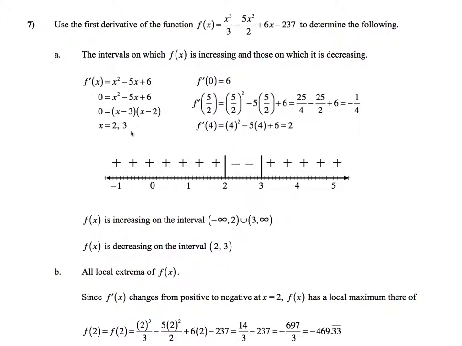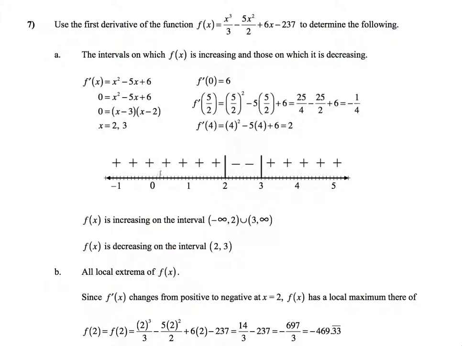And then on a number line, we mark those here, 2 and 3, here's negative 1, 0, 1. So we mark 2 and 3 on the number line. Then we evaluate the derivative, not the function, the derivative, at some point in this interval.